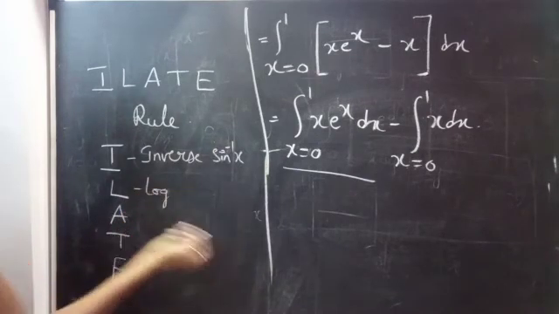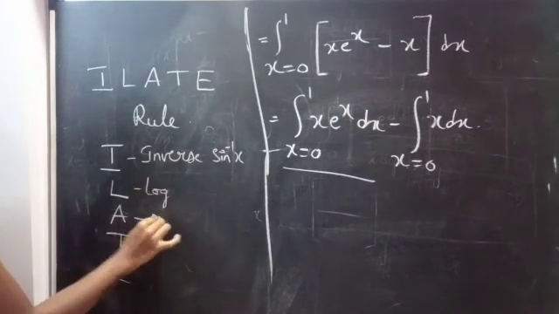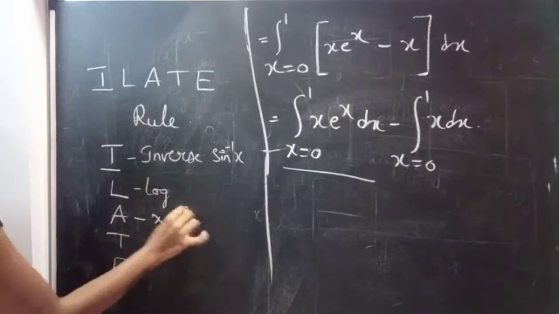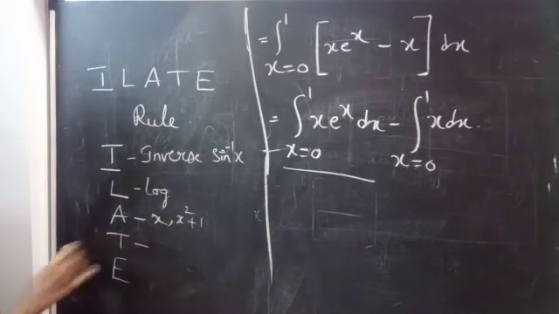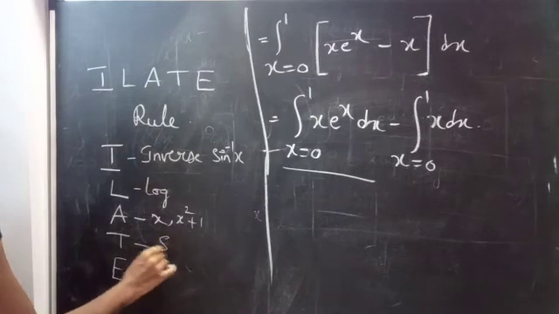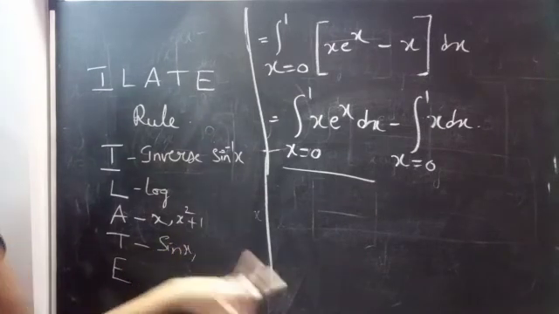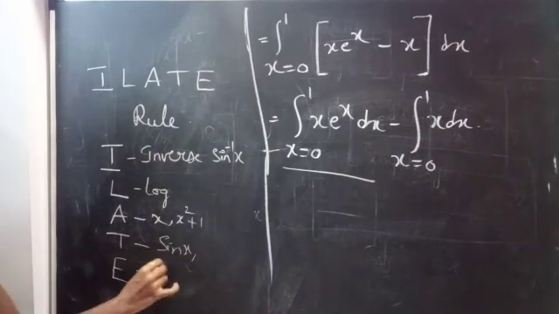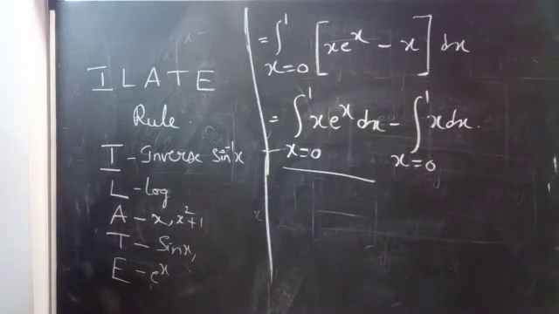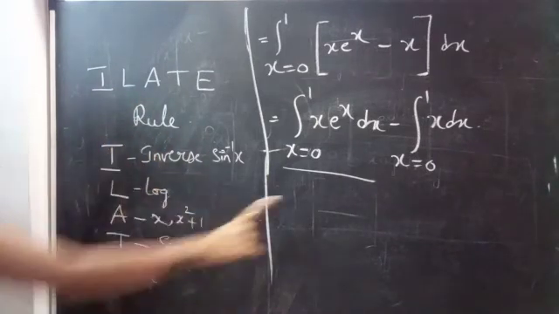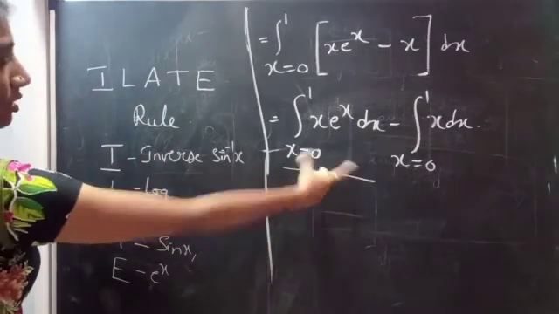L for logs, log x, etc. A for algebraic, x, x square plus 1, and so on. T for trigonometric, sin x, cos x, etc. And E for exponential, e power x and all. Okay. So using this rule, we have to evaluate this integration.